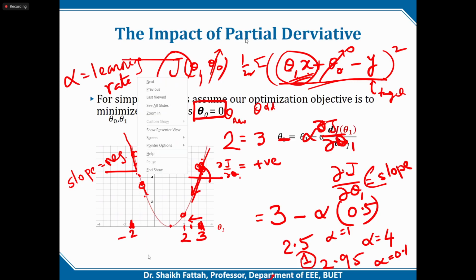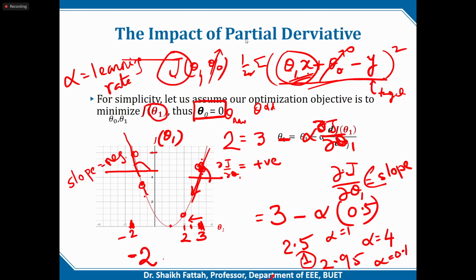But this value itself is minus. So in this case, your new value will be old value minus alpha into slope. But this slope itself is negative. So when the slope is negative, then negative and negative, it will be positive. Then minus 2, then positive something.